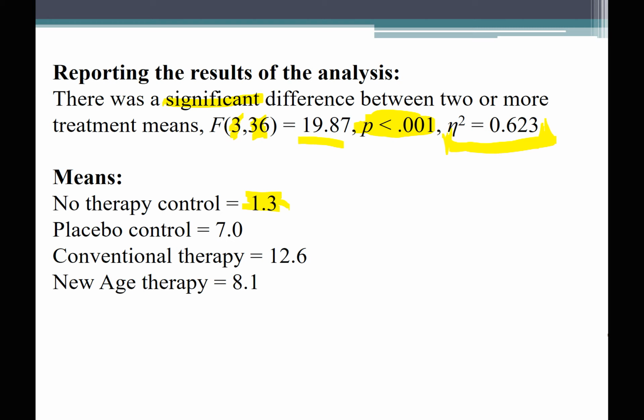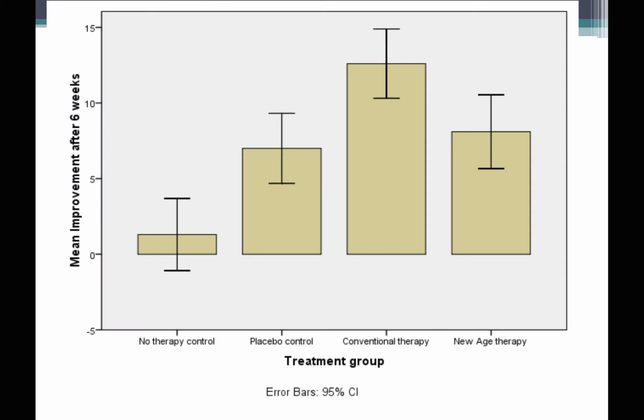Then we would also want to include the plot of our means with our 95% confidence interval bars, like this, right? So this means that we're 95% confident that our true mean for this group falls somewhere in there. 95% confident our true mean for that group falls there, and so on. We're 95% confident the true mean for getting new age therapy falls somewhere within that interval.